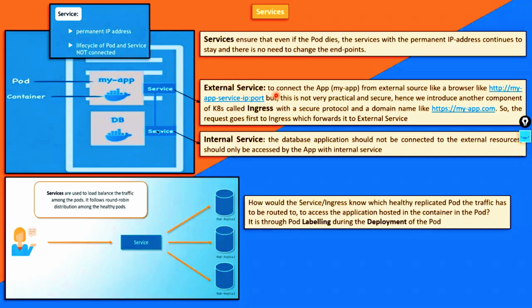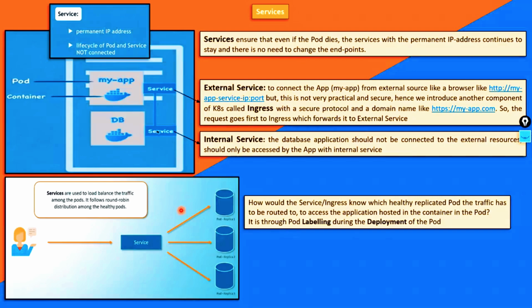So I will never use an external service directly. If I have to use an external service, I will use an ingress controller. Through the load balancer, the request will be filtered. If you are not obeying the rules, it is like a security group. You know, Karthik was discussing the security group, how you filter the initial request.